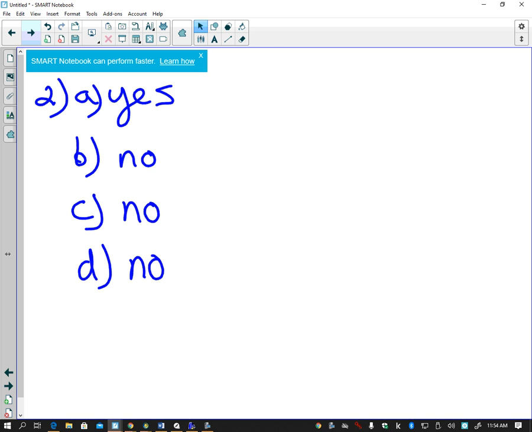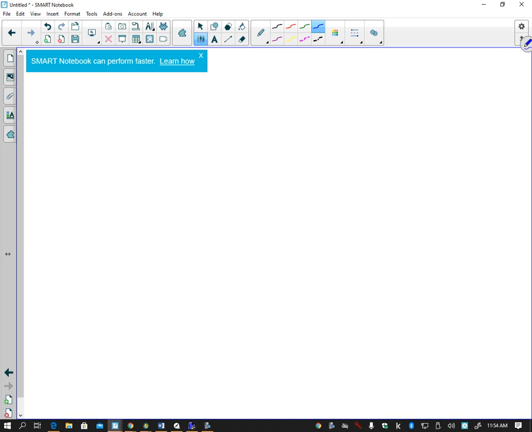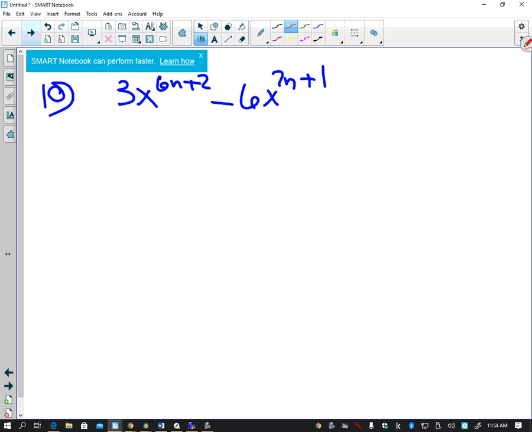Let's see, I need 10. Factor 3x to the 6n plus 2 minus 6x to the 7n plus 1. So there is a shorter way than expanding it all out.